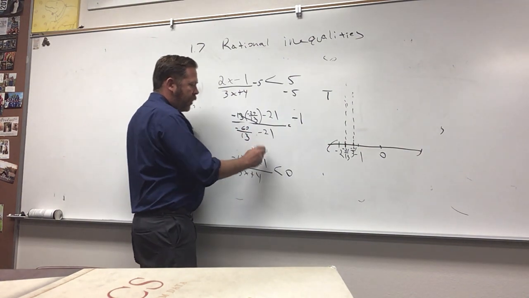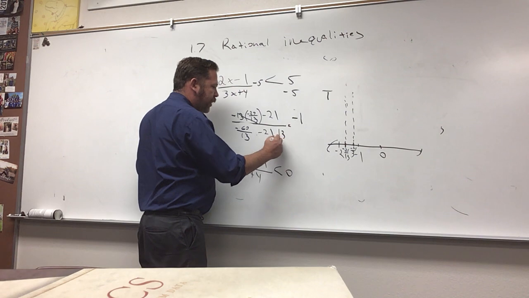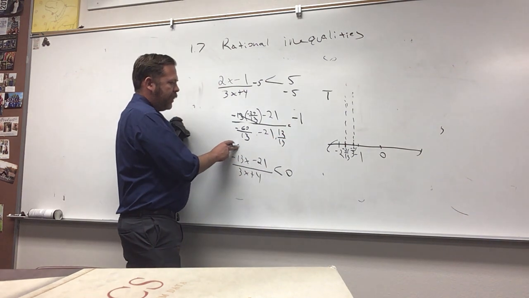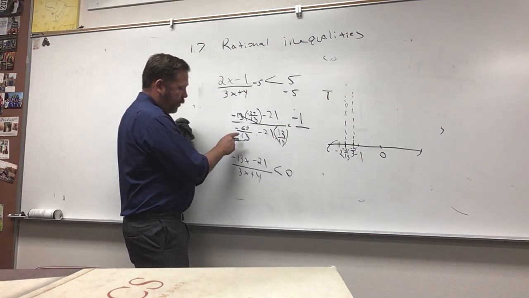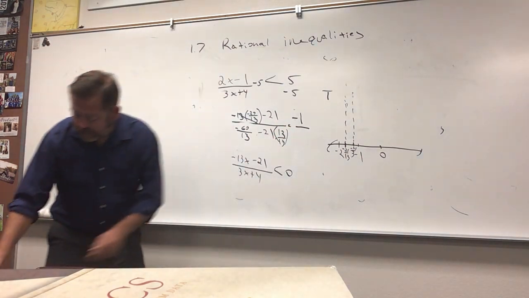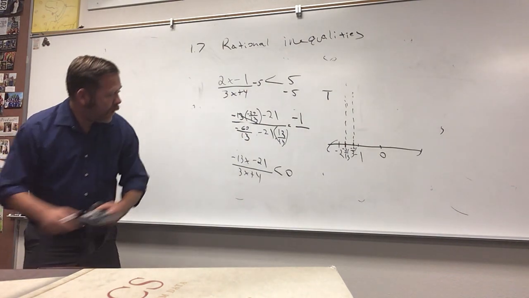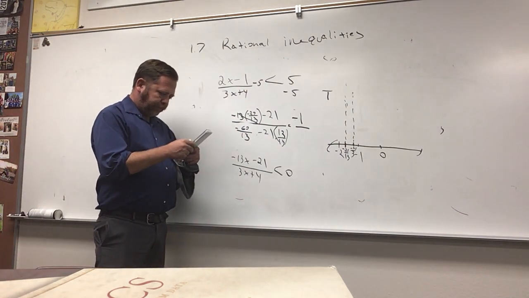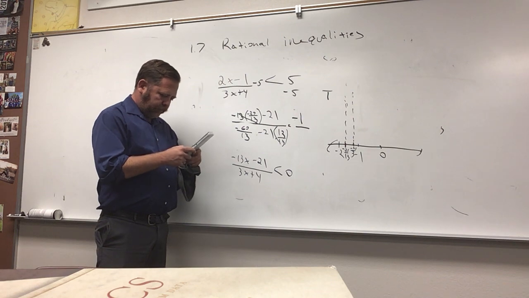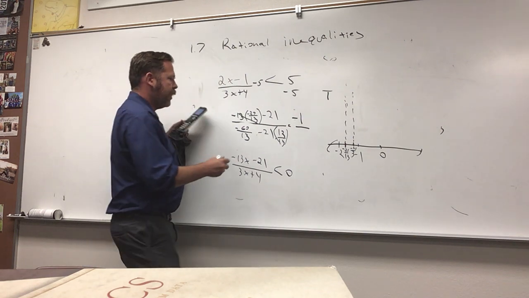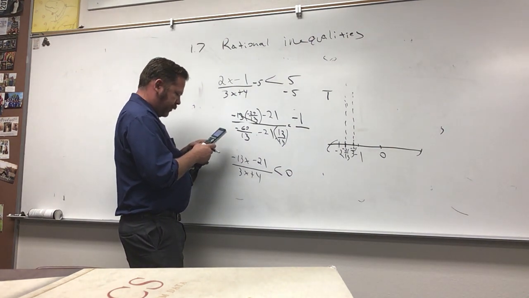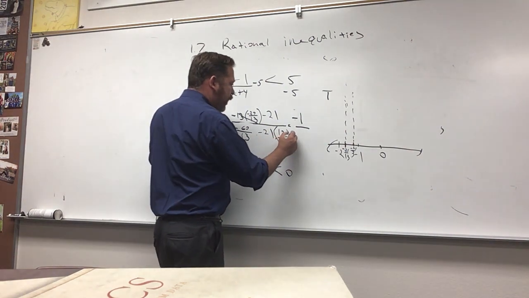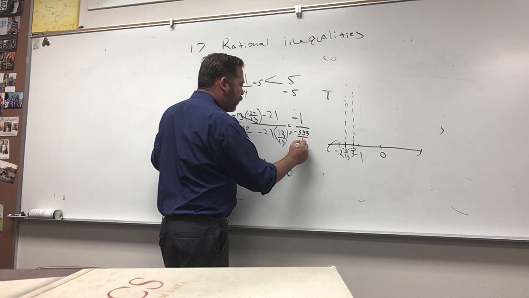And then to find a common denominator here, I'm going to multiply by 13 over 13. I need a calculator for this. 21 times 13 is 273. So I get negative 60 minus 273 over 13, and I get negative 333 over 13.